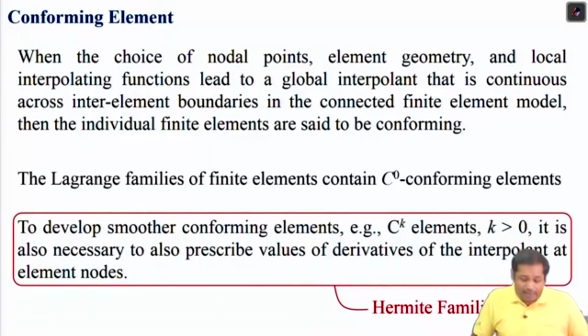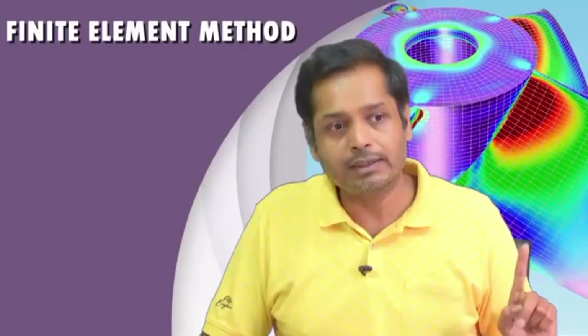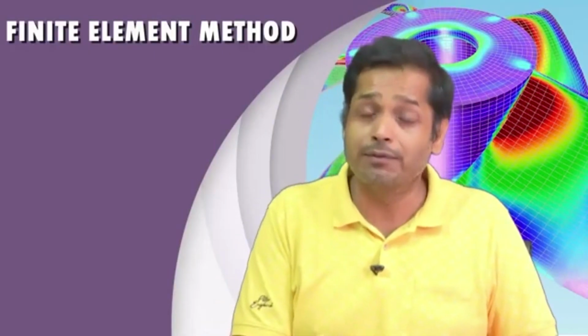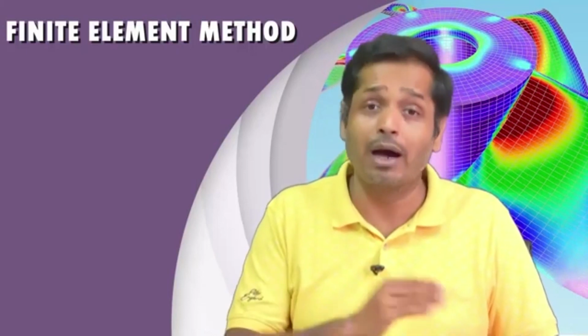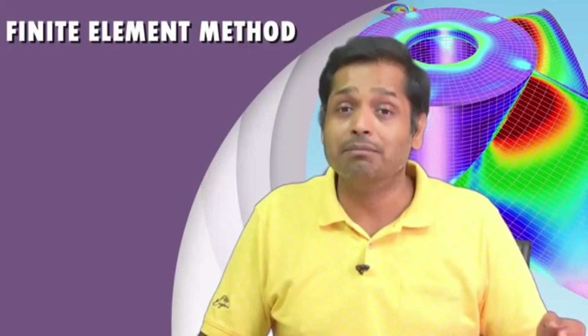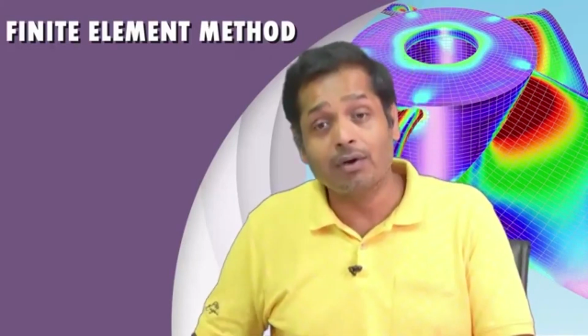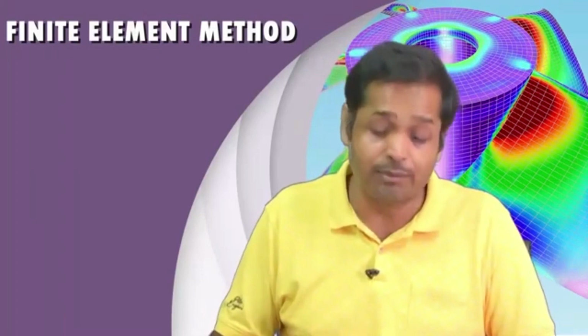Now, with this, let us stop here today. We have not discussed the shape functions for the triangular element. We have already discussed the shape function for the constant strain triangle, but other triangles, for instance the linear strain triangle, and the natural coordinates for triangular elements, we have not discussed.